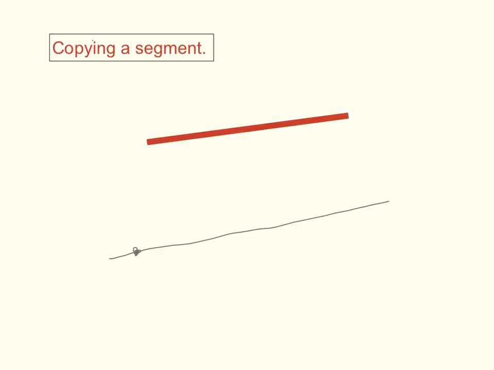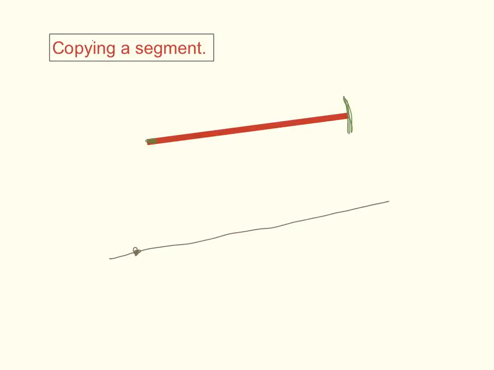And now I need to measure the length of this line. So I will take the hard point of my compass and put it on one end, and then I'm going to open it up till I can make this mark right here.